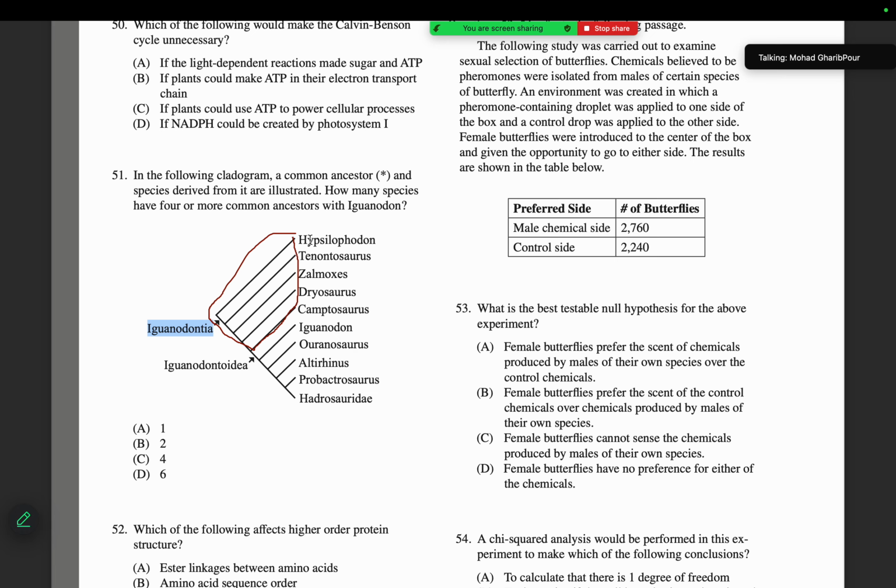Okay, let's see. One common ancestor with that guy had 2, 4 or more. 2 with that guy. Okay, I think you're reading it wrong.